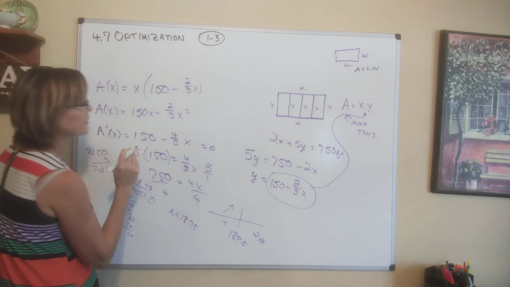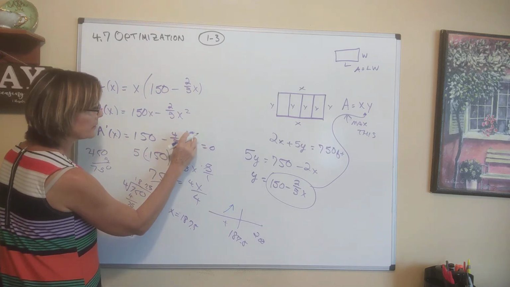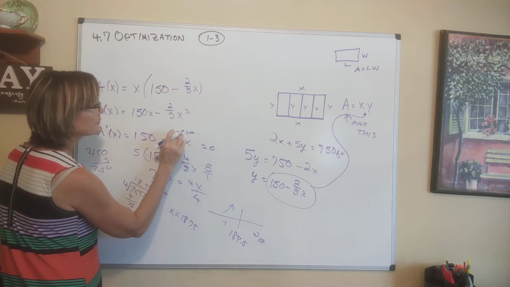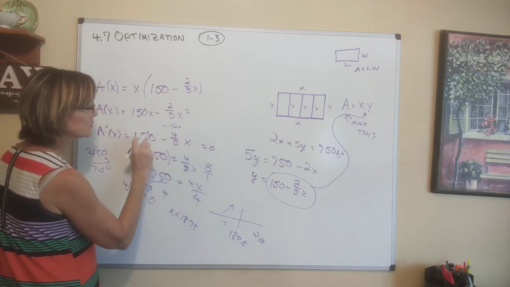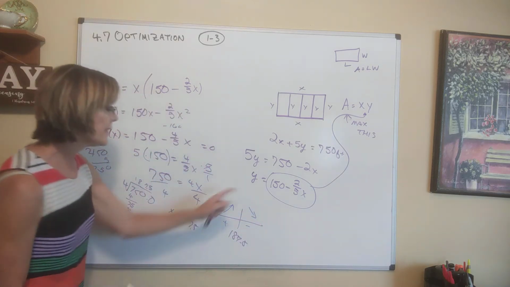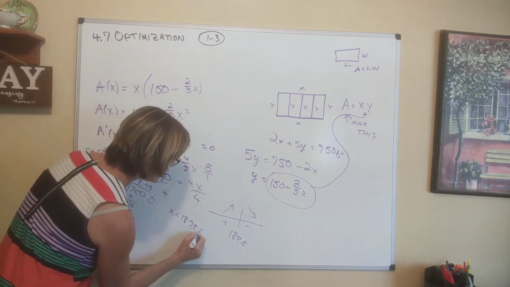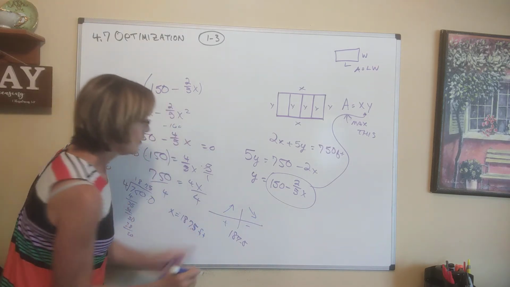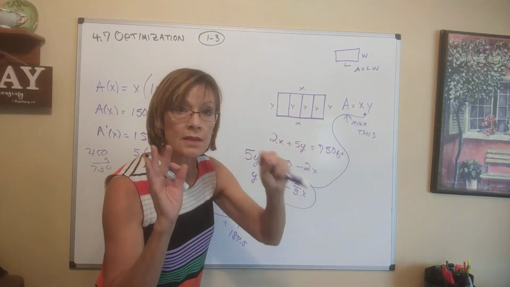Okay. 200. 5 goes into 200 40 times. 40 times 4 is 160. 150 minus 160 is negative. That's a decrease. So we find that when X is 187.5 feet, we get a maximum. And we wanted to maximize that, so that's good.